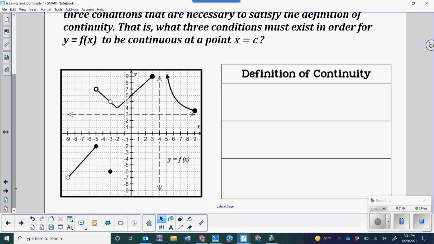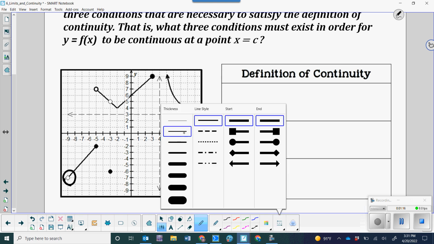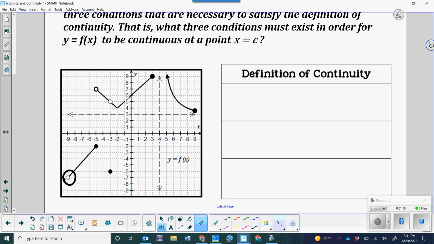If I just look at a few various places, then I would know that, for example, right here would be not continuous, and the reason it would be discontinuous is because it isn't defined. There's no function there. So one thing that must need to be true is f of c must be defined. Okay, so there has to actually be a point there. So it has to be defined for a certain value.